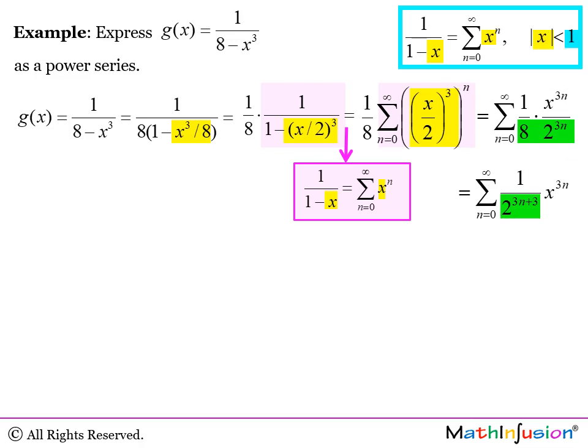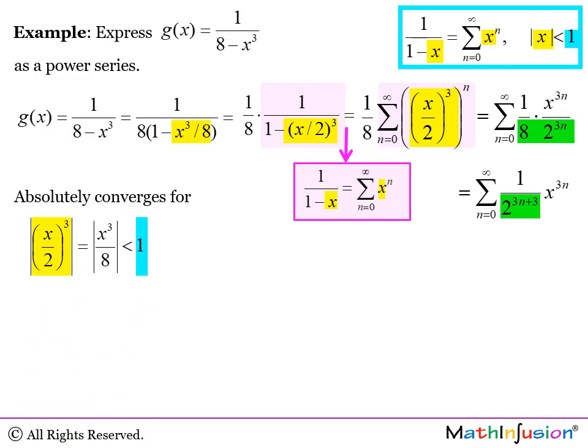And now I really would like to find for what values of x the series converges. It absolutely converges for all the values of x's such that x cubed over 8 is less than 1 in absolute value, because the original function was converging for all x's that are in absolute value less than 1, and x was replaced by x cubed over 8.